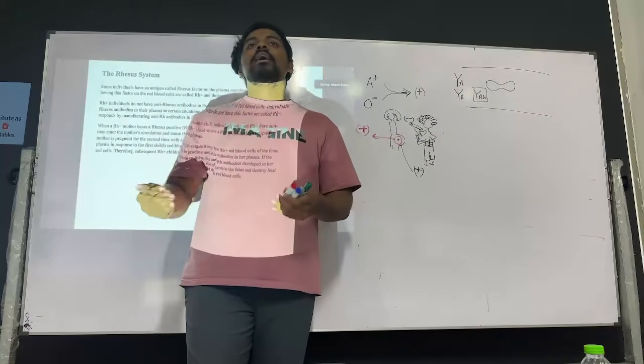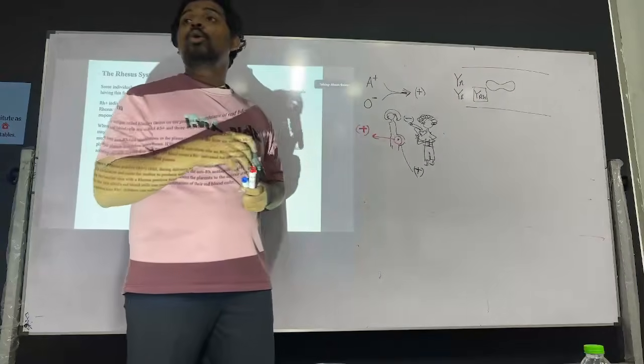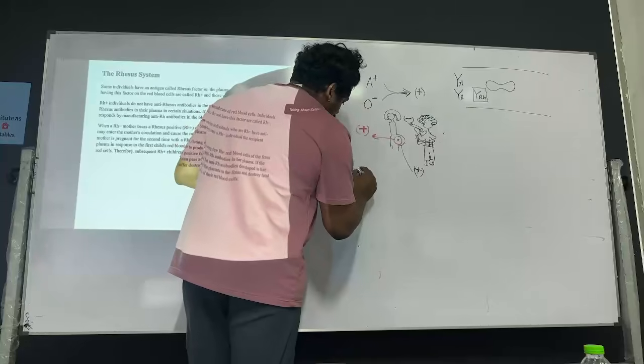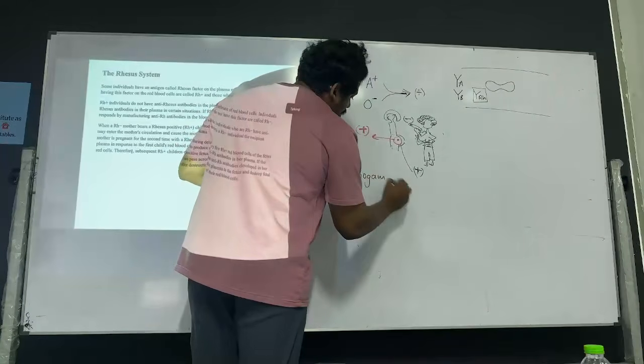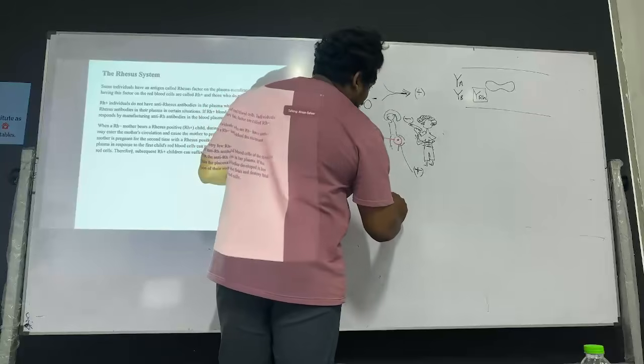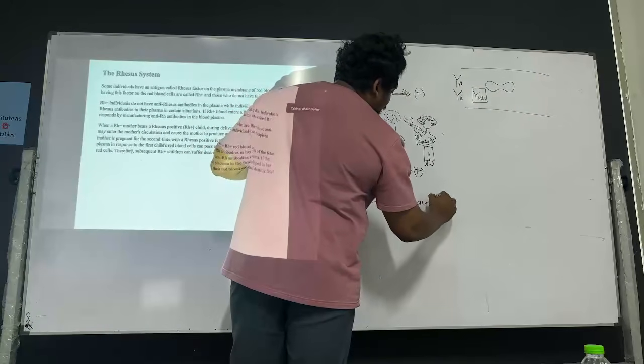Now, in these days, what you can do is there is something known as RhoGAM. RhoGAM is an artificially created anti-Rhesus antibody.